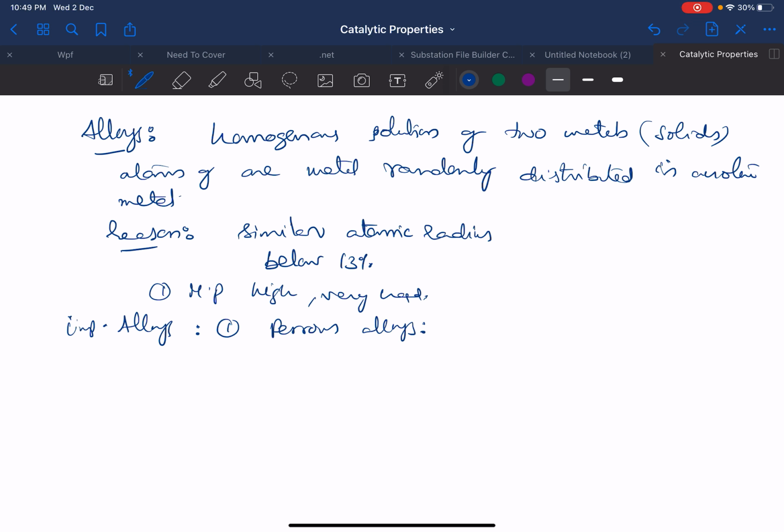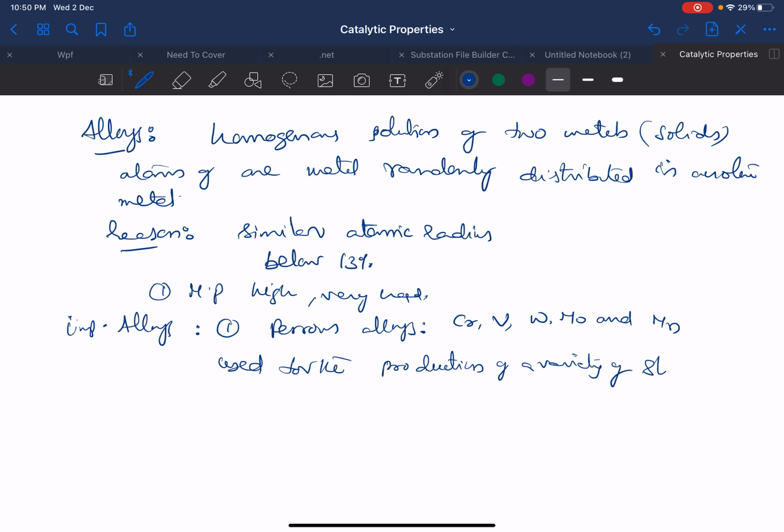These ferrous alloys contain chromium, vanadium, tungsten, molybdenum and manganese. They are mainly used for the production of a variety of steels and stainless steels.